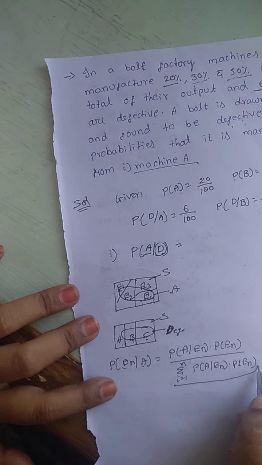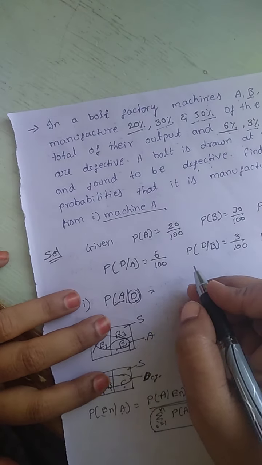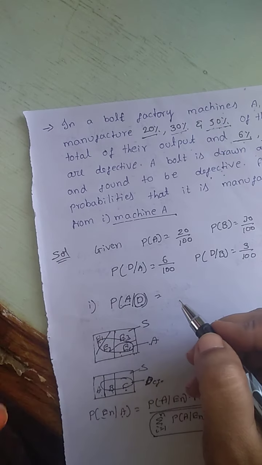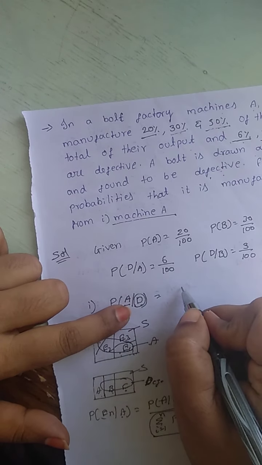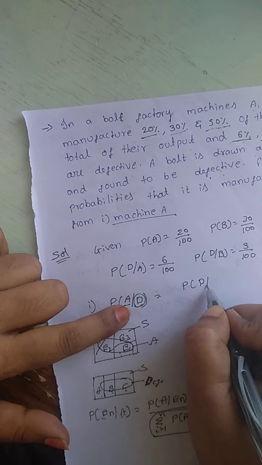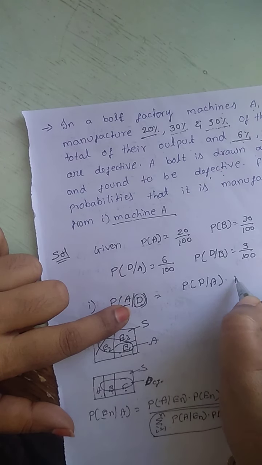This denominator is nothing but the total probability. Coming to our problem, there are only 3 events. According to the Bayes theorem, the probability of A given D is probability of D given A into probability of A, divided by the total probability.